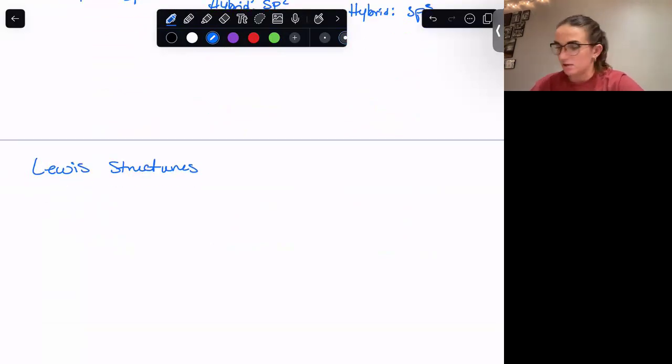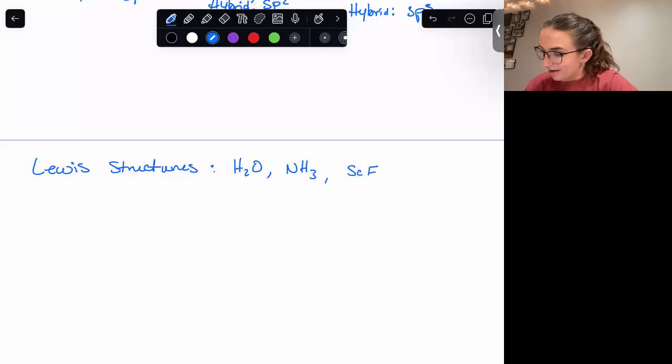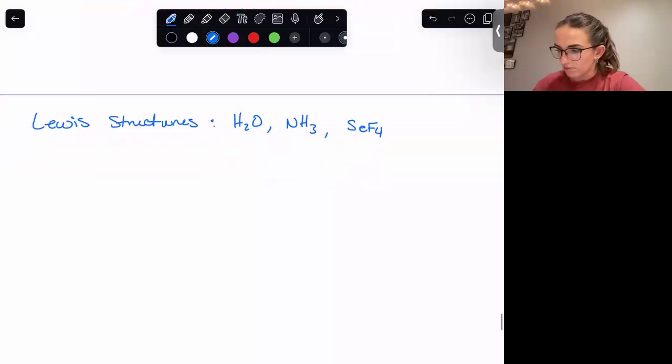You can have your easy ones like water, ammonia, at this point, SeF4 is easy. Just when you have 2, maybe 3 elements, you're able to draw it pretty easily.